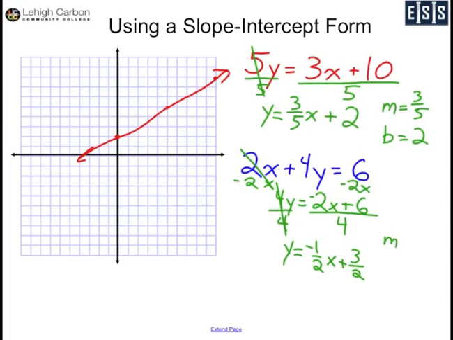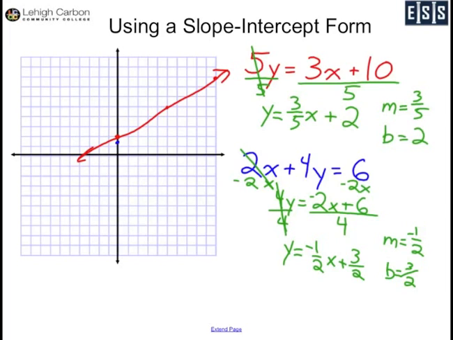So my m is negative 1/2. My b is 3/2. So now I need to graph this. In this case, my b is not a nice, easy point. It's 3/2, which is the same as 1.5. So I have to estimate about where that is.